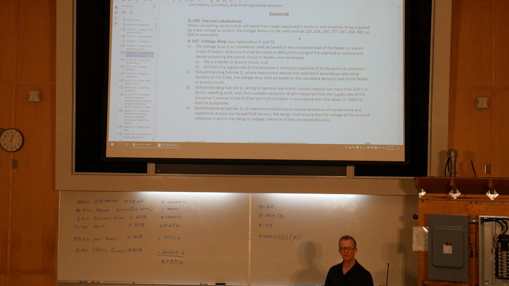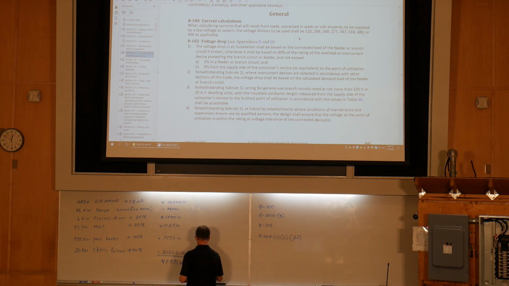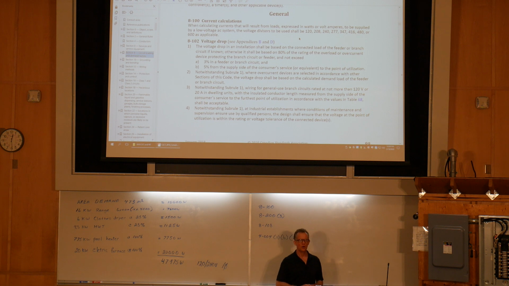So when you're doing single-family residential houses, generally in a question you're going to be given the voltage. In this case, our voltage is 120, 240 volts, single phase. All right, so your voltage divisor will be 240.